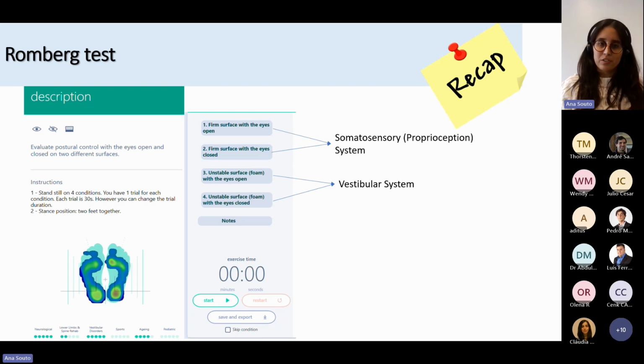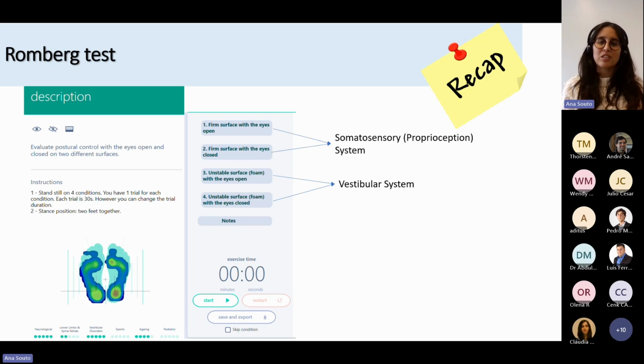For the third and the fourth conditions, we add a foam. The foam is placed on top of the plate, and the patient stands on top of the foam. Here we are reducing the proprioceptive input, so the patient has to rely more on the vestibular system and on the visual one for the third condition. On the fourth condition, the patient closes his eyes and is relying only on the vestibular system.